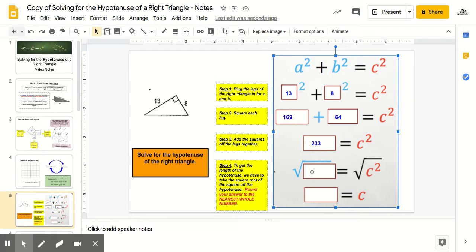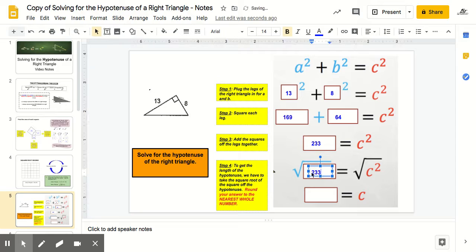So I'm going to take the square root of c squared, and I'm going to take the square root of 233. The square root of 233 is going to give you a decimal because 233 is not a perfect square. So there does not exist a number that you can multiply by itself to get 233. If you look at this text box, I told you, please round your answer to the nearest whole number.